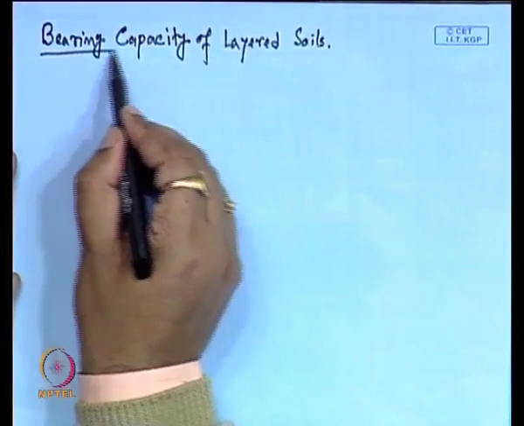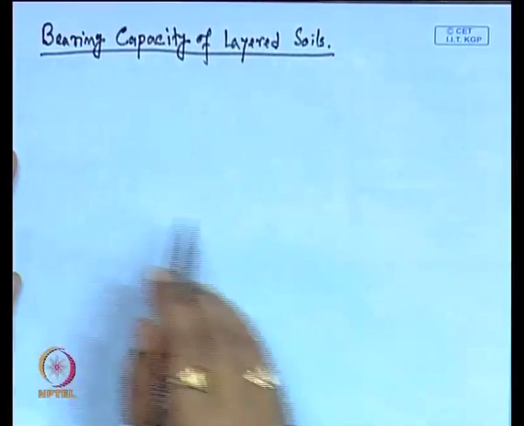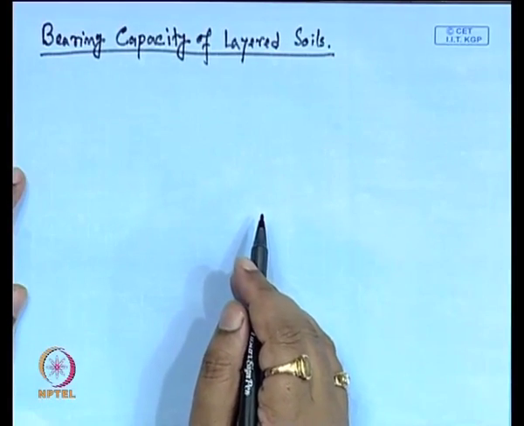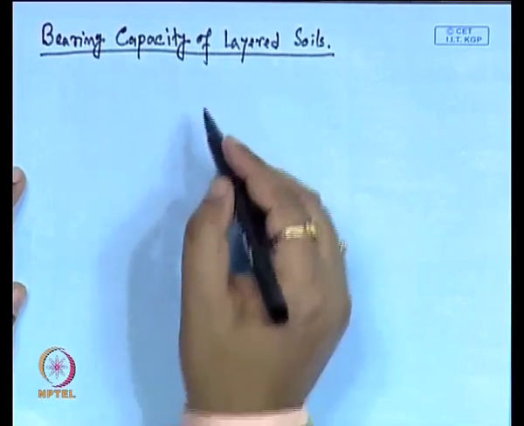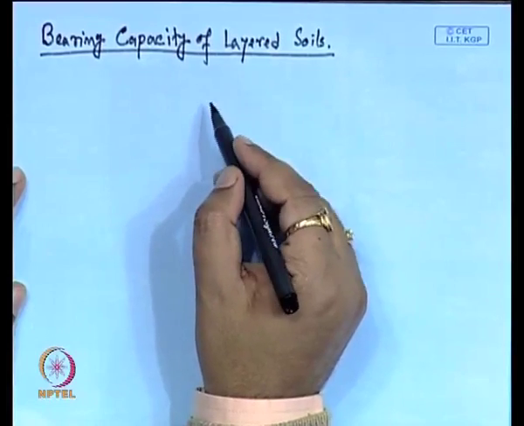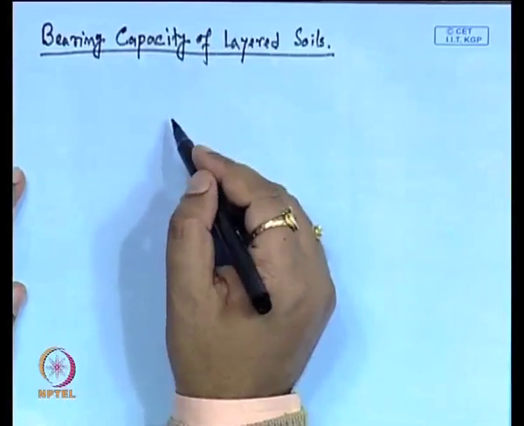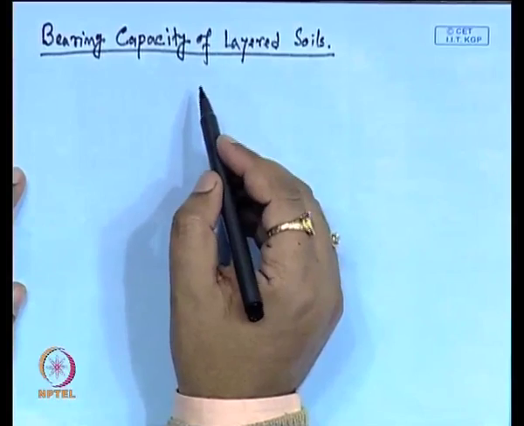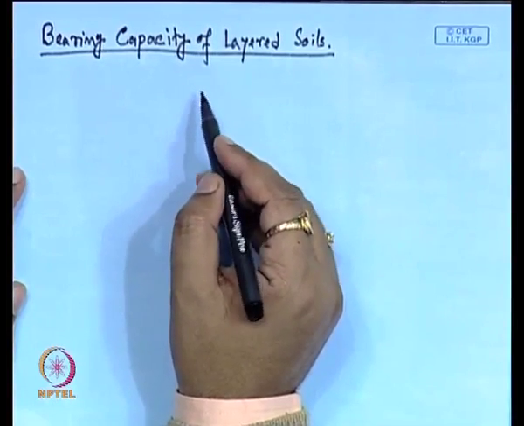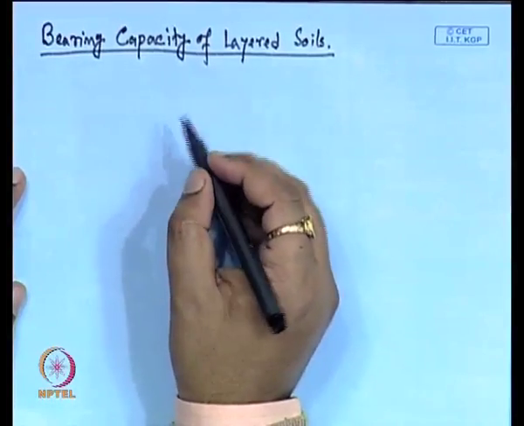now we will discuss the bearing capacity of layered soil. The derivations or expressions which are available to calculate the bearing capacity of the soil are basically for homogeneous soil.